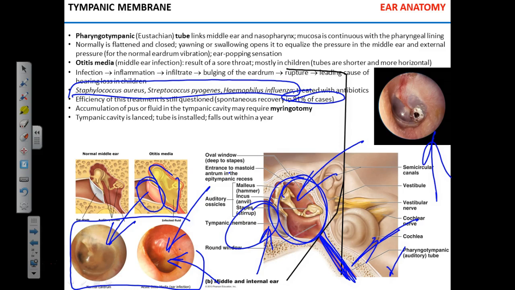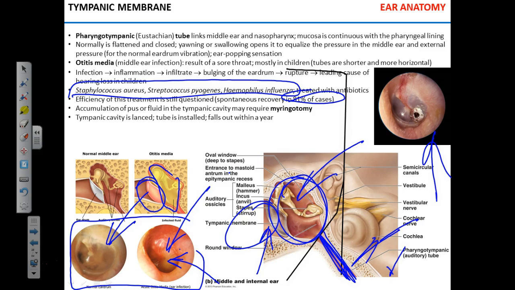And now with more and more antibiotic-resistant bacteria, many physicians question, do we really need to give antibiotics to a child? Or we can observe, and if it becomes worse, then we do the intervention. Does that make sense? So there is no agreement.